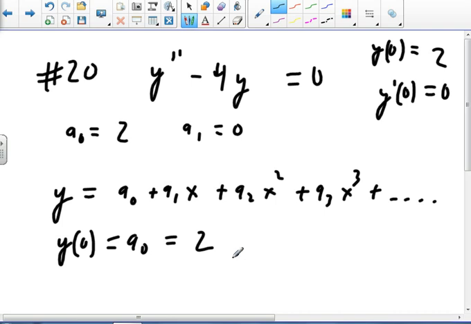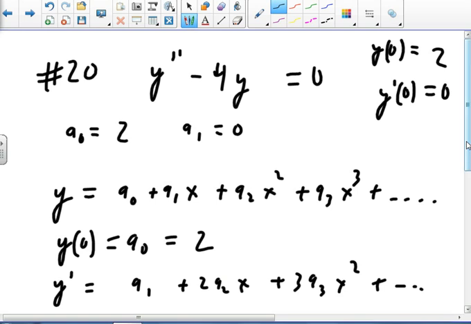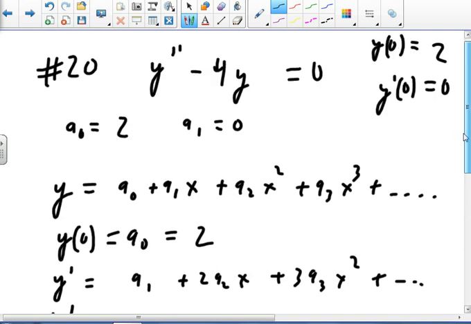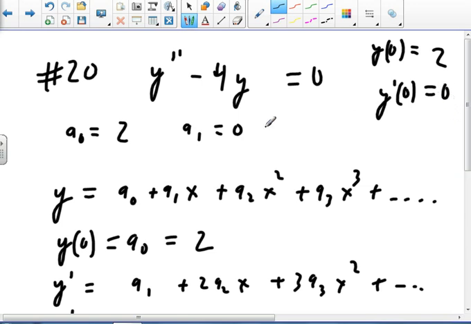I know what it is. When I take the derivative of this guy, I get a1 plus 2a2x plus 3a3x squared plus and so on. And when I look at y prime at 0, everybody else is 0. That's a1, which in this case is set to 0. So a1 is going to be 0, and a0 is going to be 2 by the initial conditions that I'm given.